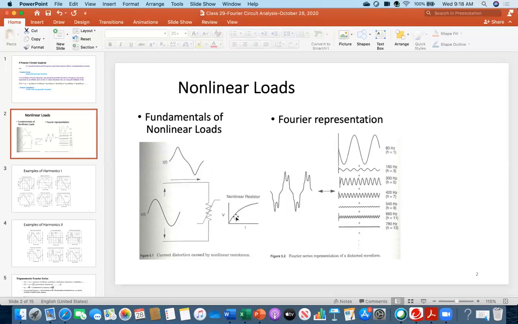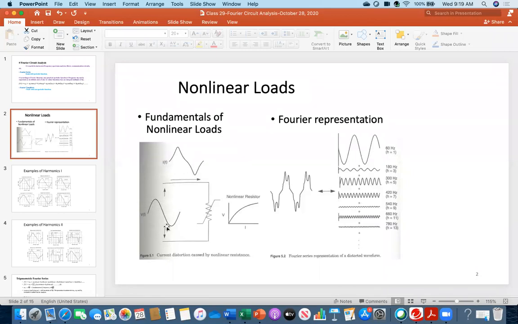It's a nonlinear resistance. So although the voltage here is purely sinusoidal, once current flows through this nonlinear resistance, because of this property, you see the response of IT is a little bit deviated from this one. Everybody compare these two.